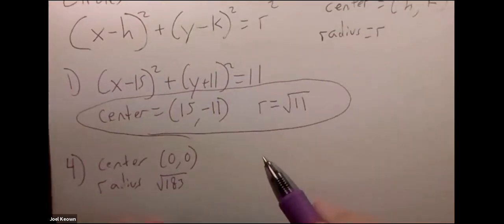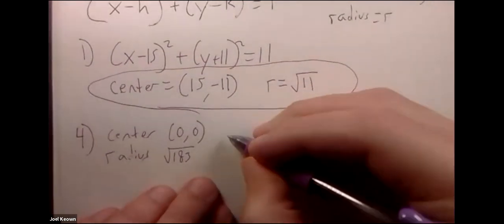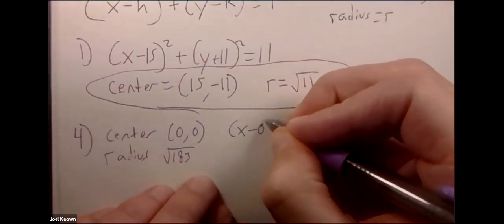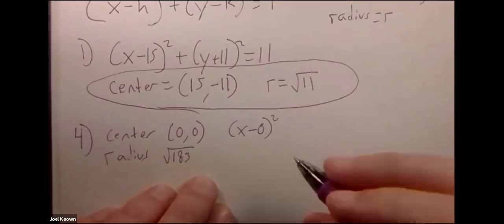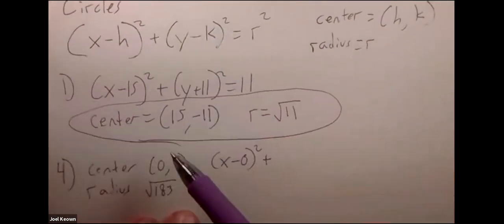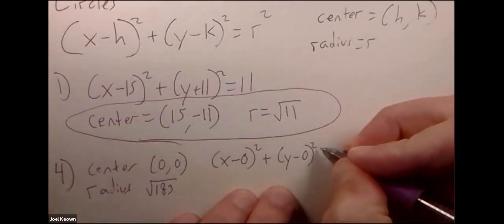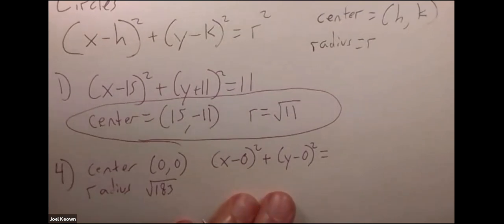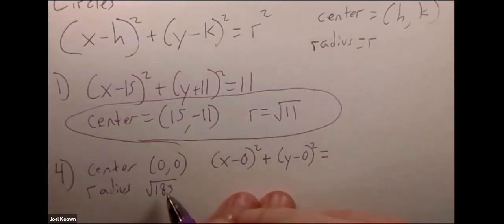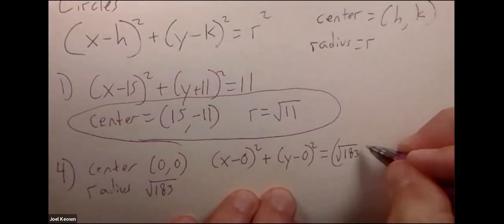Okay. So I have x minus 0 plus y minus 0 equals, and I have my r, which is the square root of 183.